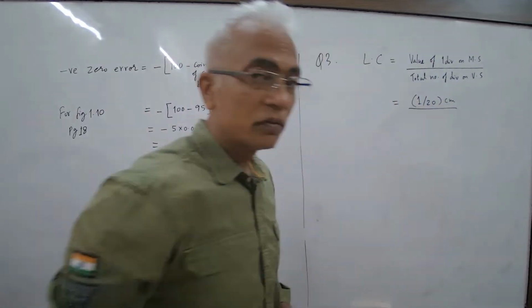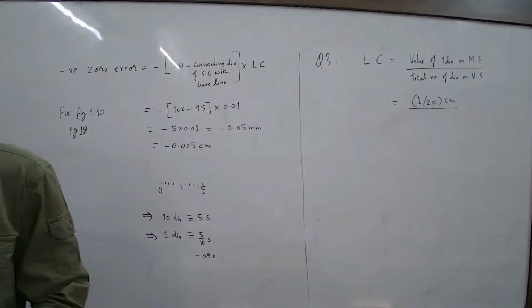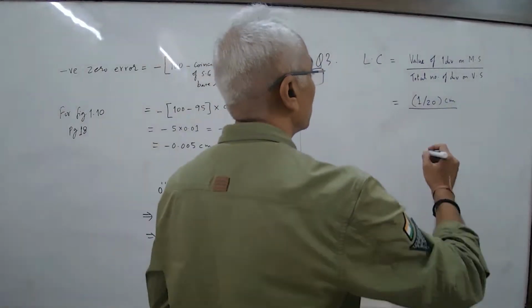Divided by what is the total number of divisions on vernier scale? 50. So divided by 50.